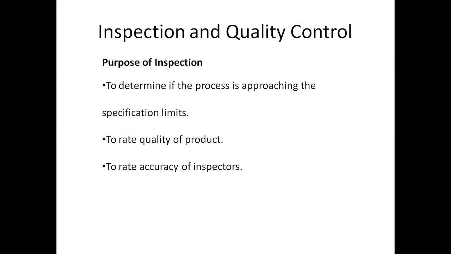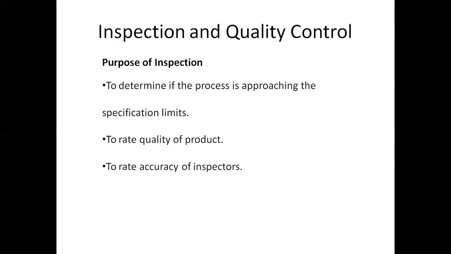Because if you are rejecting a whole lot, then that lot might be sold as scrap, and this incurs a great loss for the company. So the whole purpose is to bring down the loss, and to bring down the loss, we can only rely on quality control, and to rely on quality control, we can only rely on good inspection.